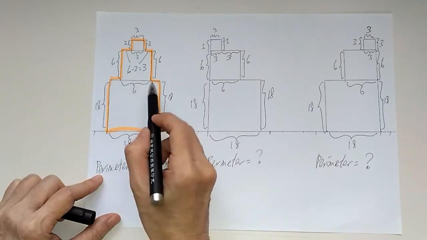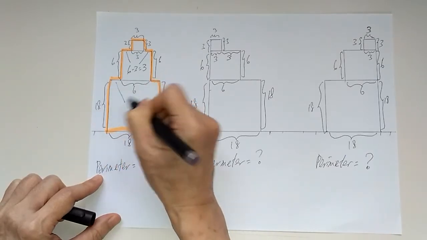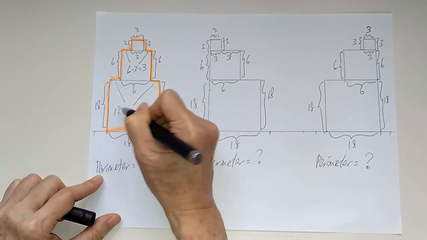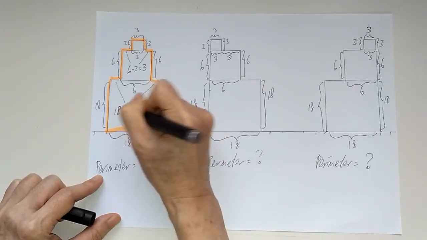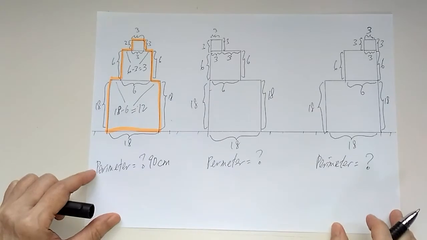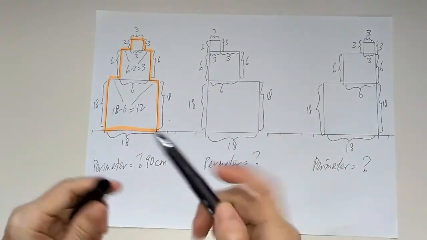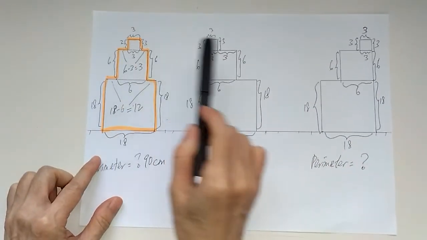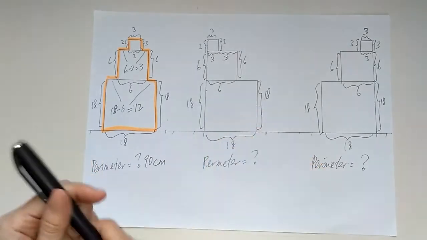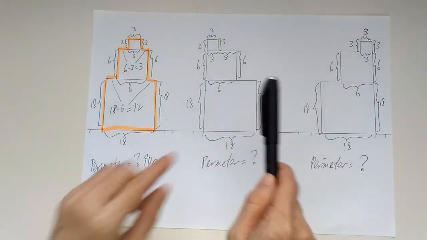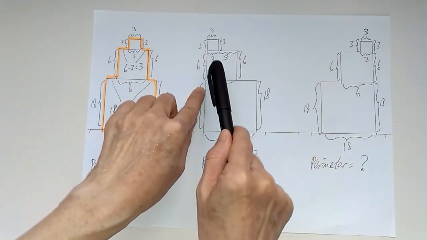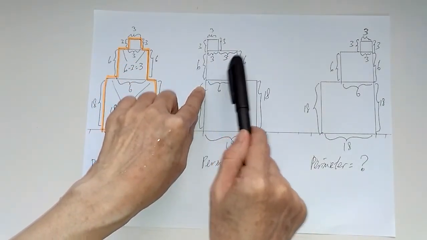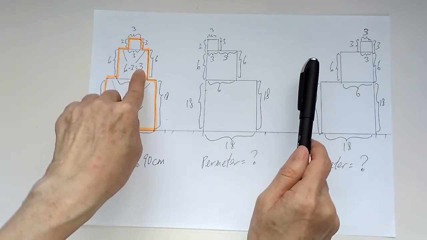If you take the whole length minus the center 6, you get 12. So I move the square to the left. This is another way of doing it. If I take this part, from here to here, 6 minus 3, I get 3. So it's the same as 3.